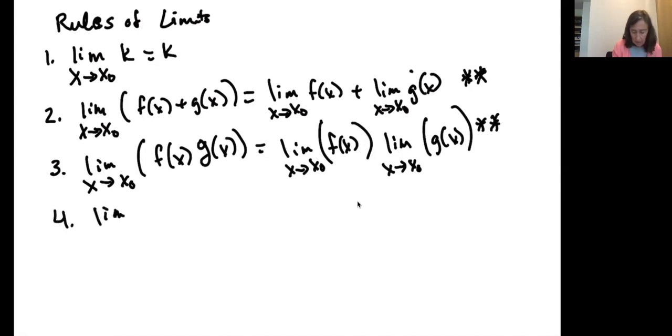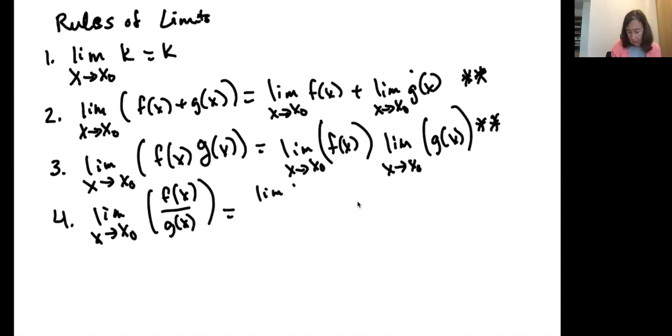The limit as x goes to x0 of f of x divided by g of x. The limit of a quotient is the quotient of the limits. Everything really nice here. Like I said, these rules, nothing tricky about them.